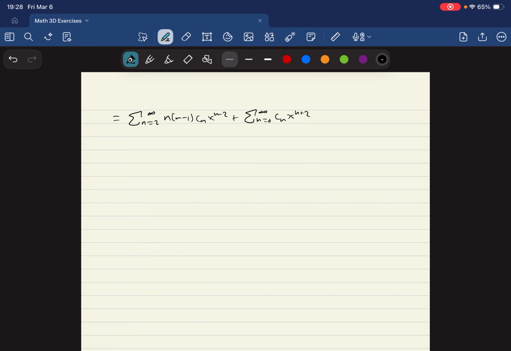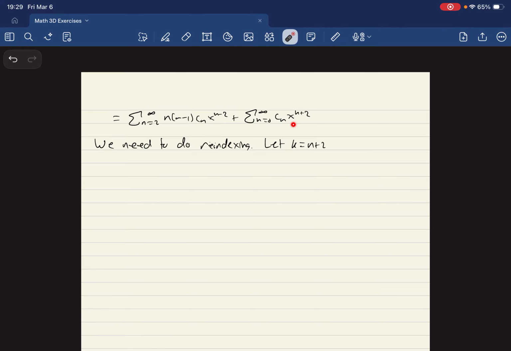To this end, we're going to do what's called reindexing. First thing is I'm going to let k equal n + 2. First I'm going to work on this series.